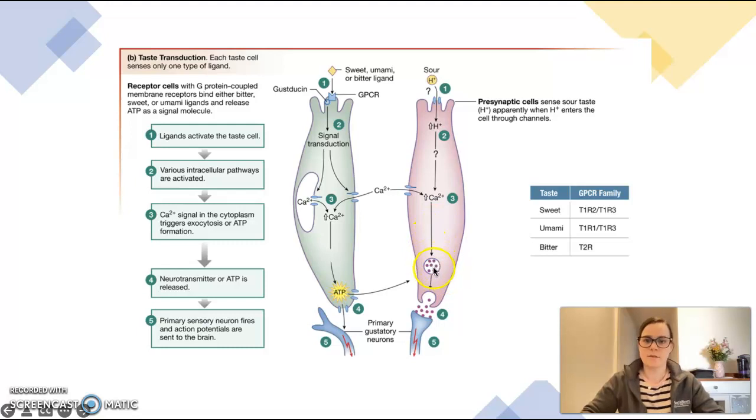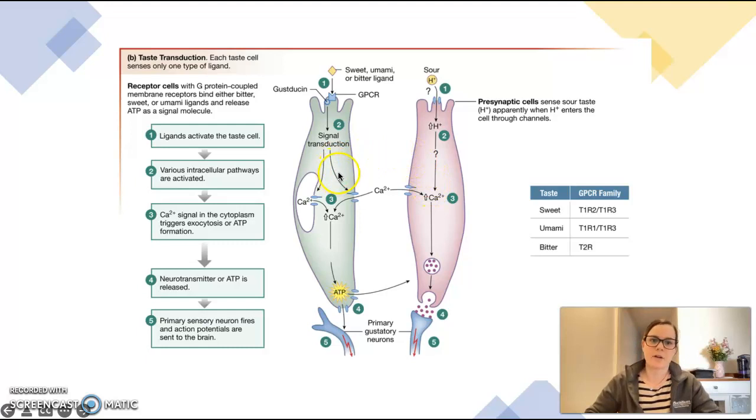Within this synaptic vesicle, we are going to have neurotransmitter, in this case typically serotonin. It comes down to the bottom where it's going to release the neurotransmitter onto our primary gustatory neuron. A similar thing would happen when you eat a salty food, except in that instance, sodium is going to be the ligand that's going to do all the work.